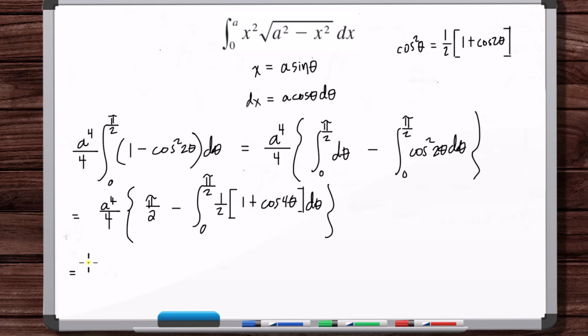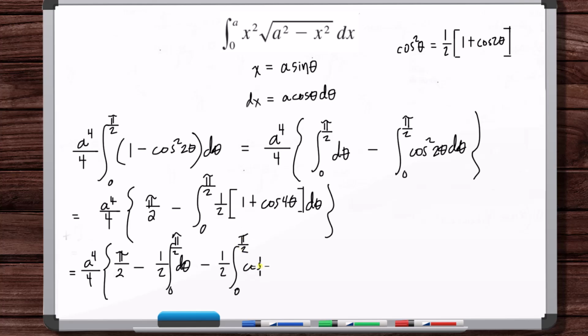Right? So we have, and then, like that. And so let's see, pi over 2 minus, and then this is going to be pi over 4, because this is equal to pi over 2 times 1/2.